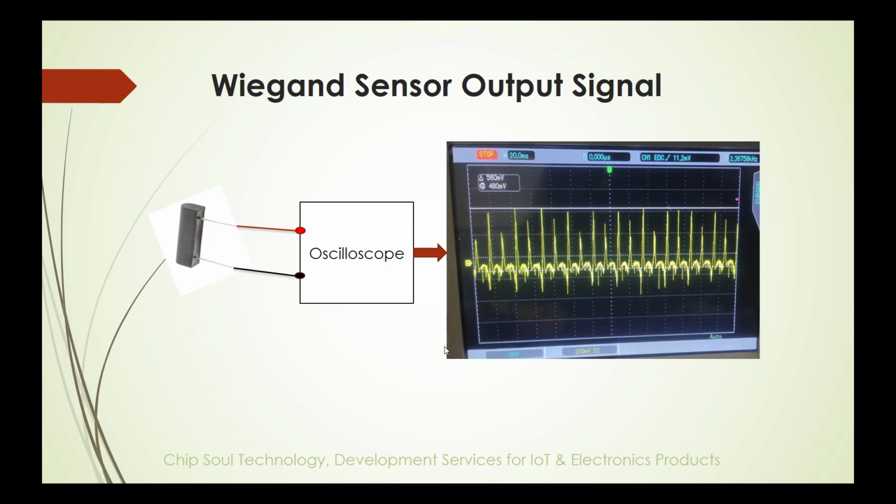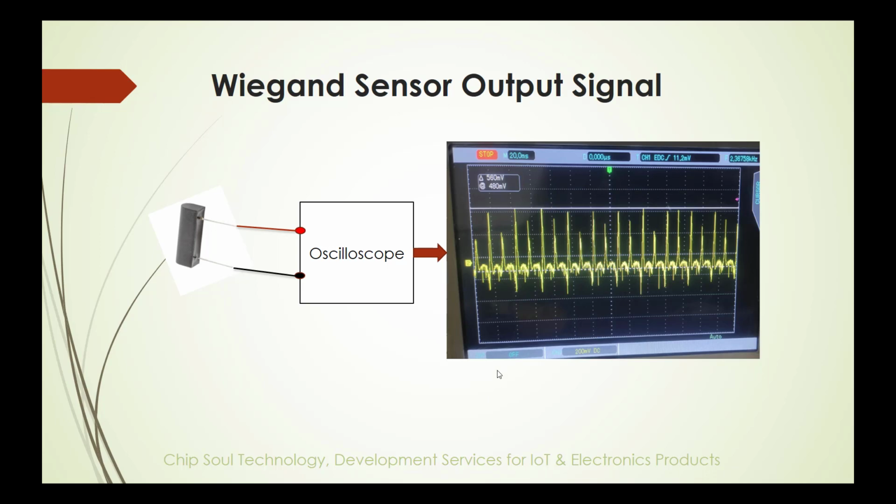So to resolve that problem, we can use some transistor circuit to eliminate this noisy signal, or to convert this noisy signal to a very stable PWM signal.